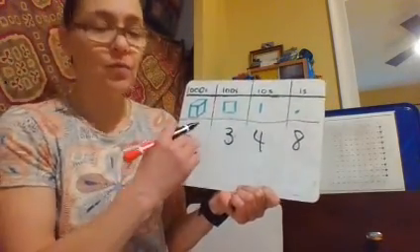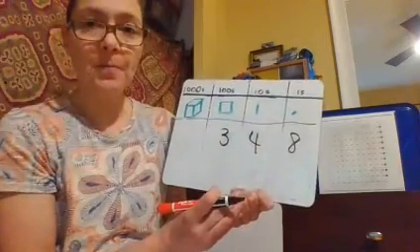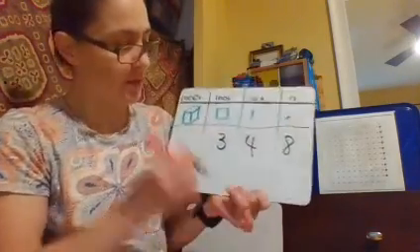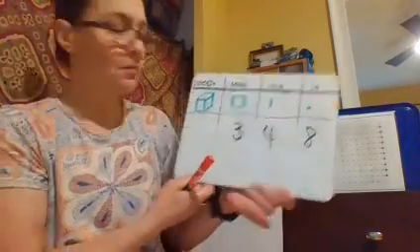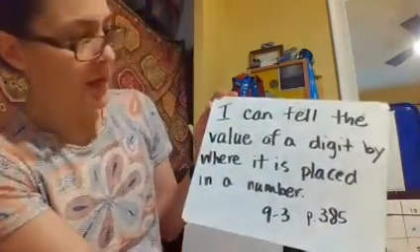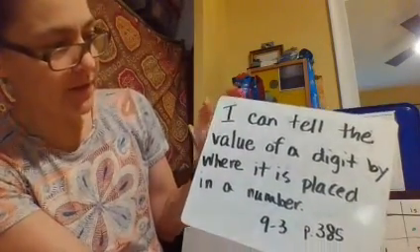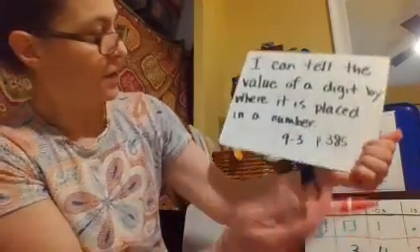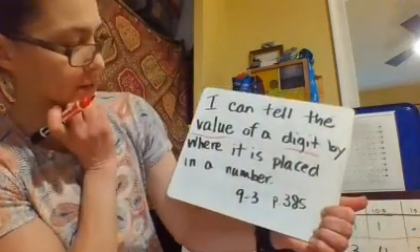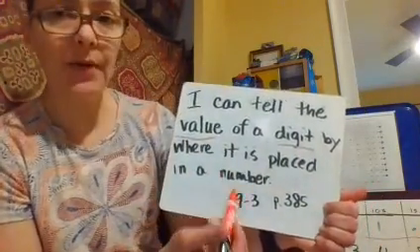Okay, depending on where the digit is positioned in the number. So visualize the place value chart. All right, and let's read the I can statement one more time. I can tell the value of a digit by where it is placed in a number.